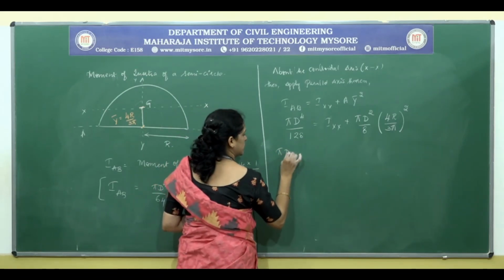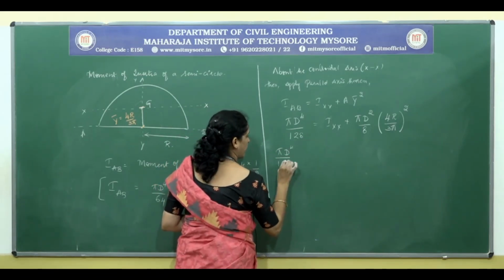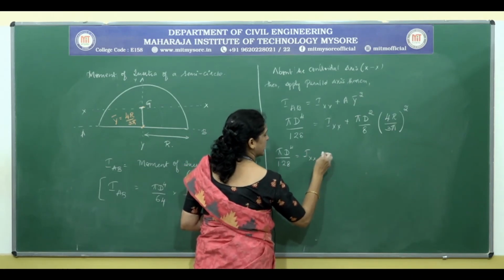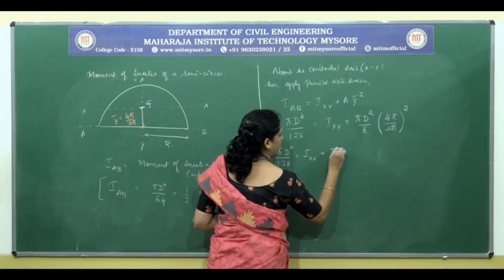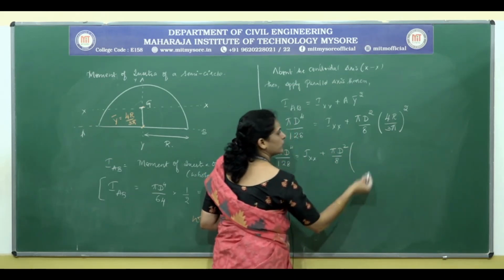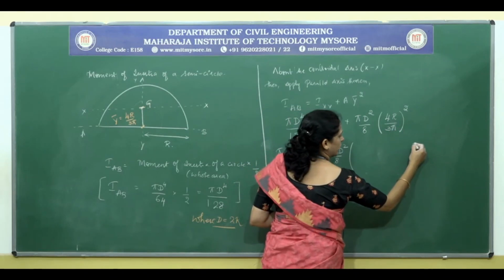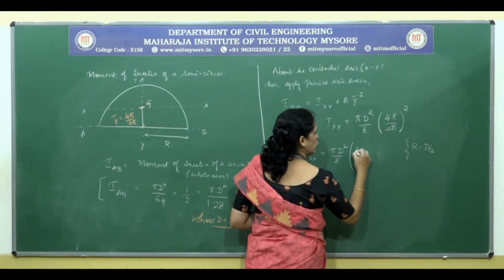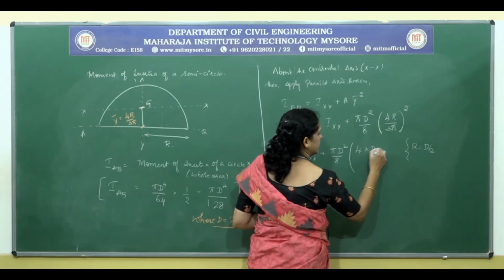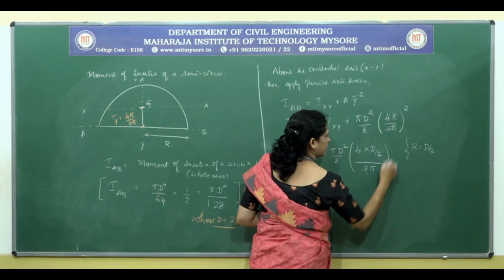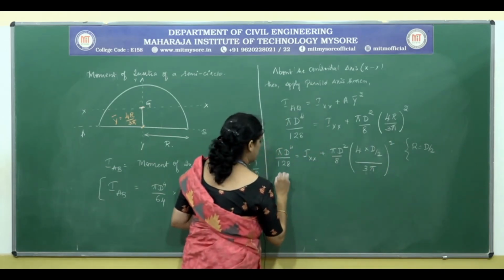So, further pi d to the power of 4 by 128 is equal to IXX plus pi d square by 8 into r is equal to d by 2. So, it is d by 2 by 3 pi whole square.